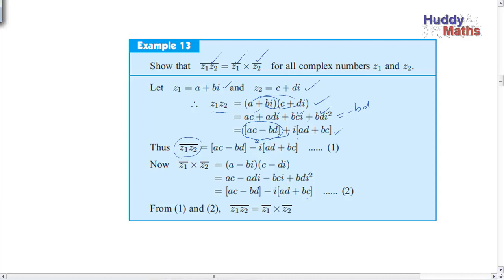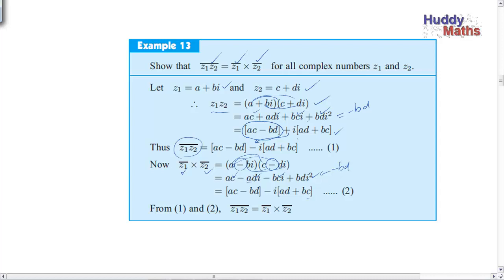And we could now go and check out the product of the conjugates, see if they're equal. This is now a take bi by c take di, and multiplying them all out: ac, negative adi, negative bci, plus bdi squared, which is going to be negative bd again, because i squared is negative 1.